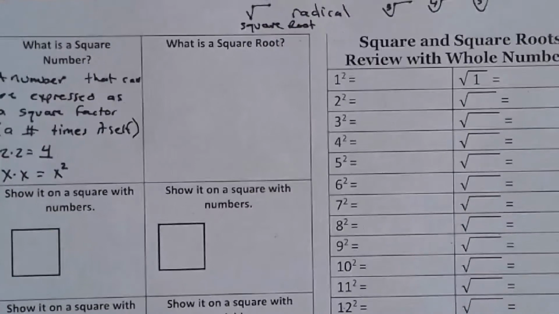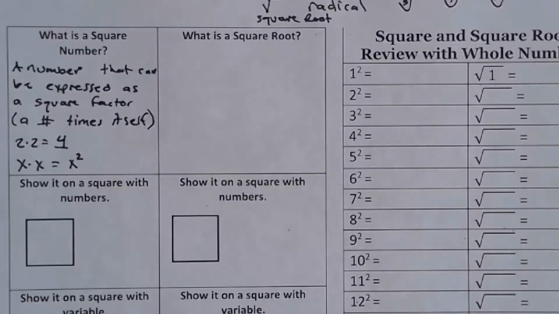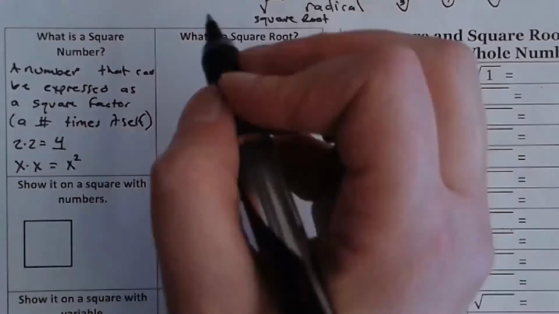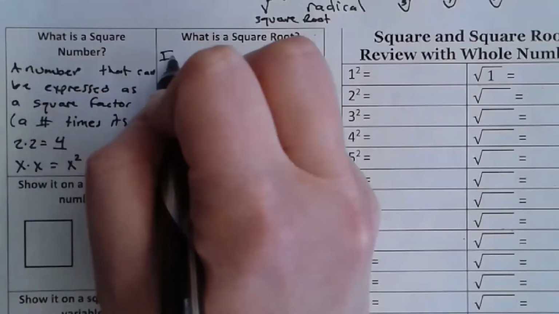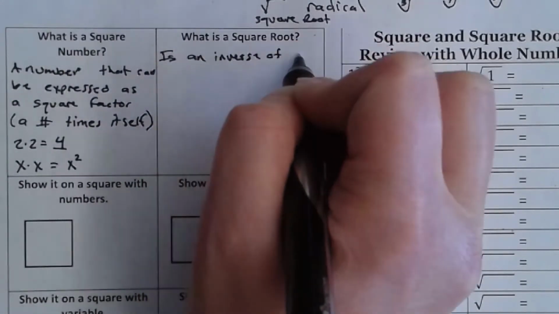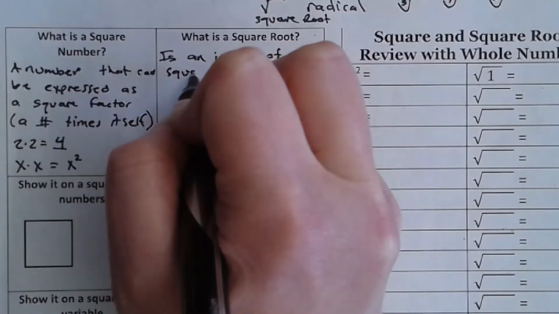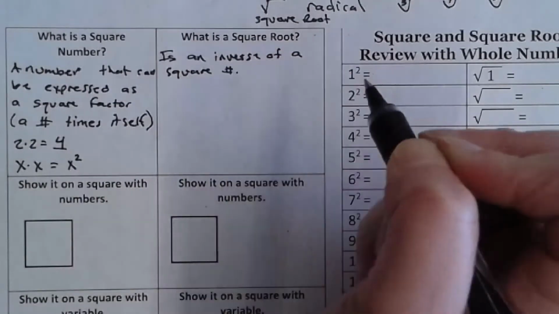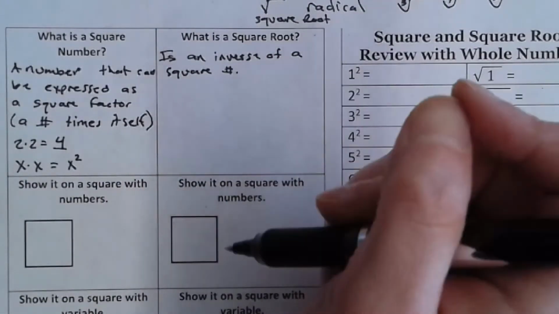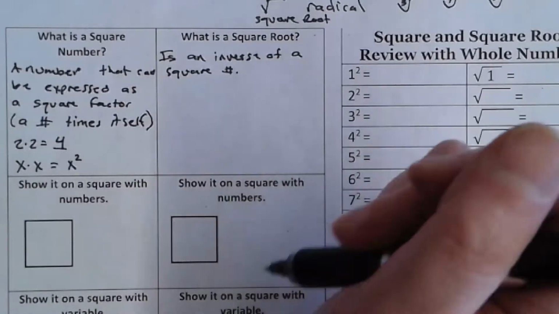Okay? A square root is an inverse of a square number. If you remember, inverse means opposite. The opposite or inverse of addition is subtraction.